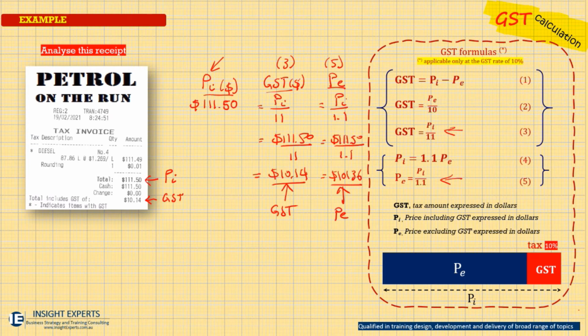So let's just put this information on a graph using the block here. Let's say this represents the product that the retailer is selling. So in our case here, this is the GST amount, and that's the price excluding GST.